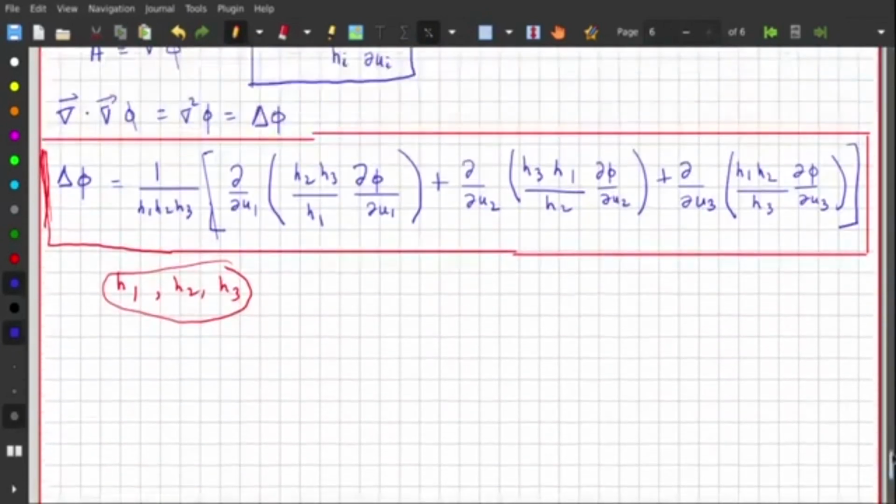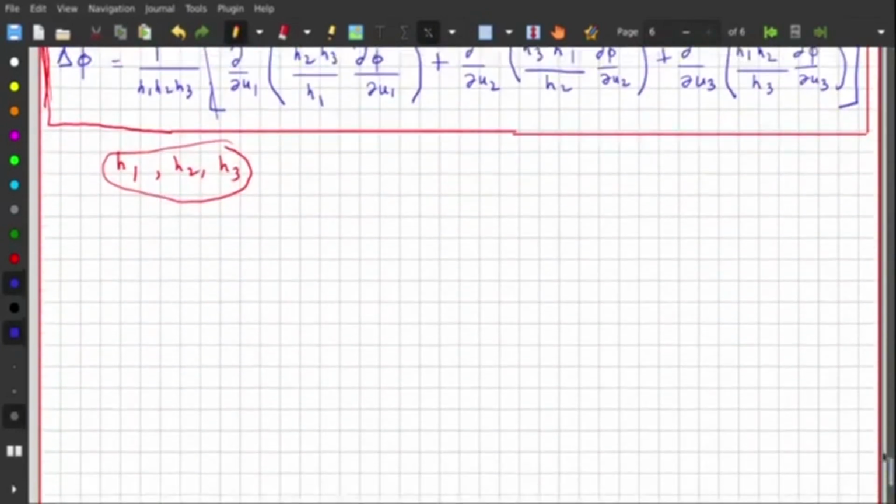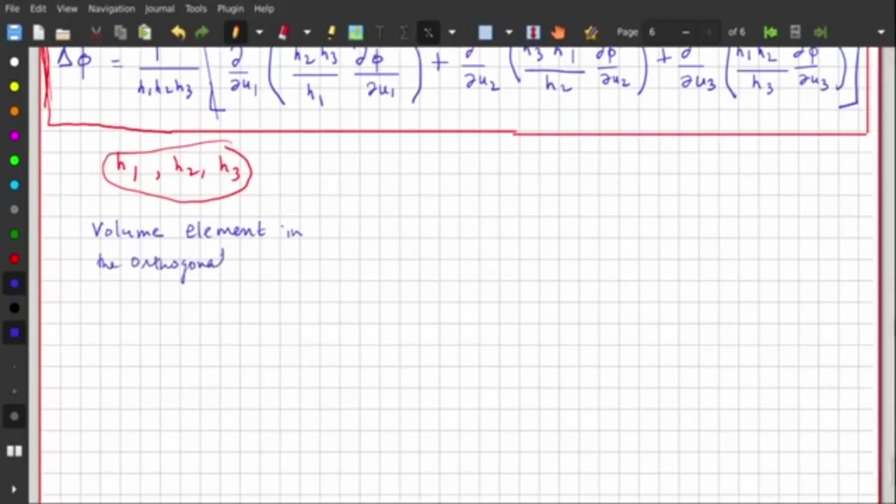Before that, let's write the volume element in the orthogonal curvilinear coordinates that we used.